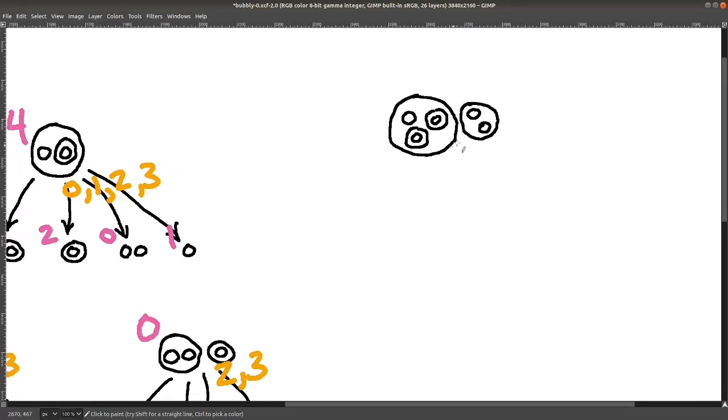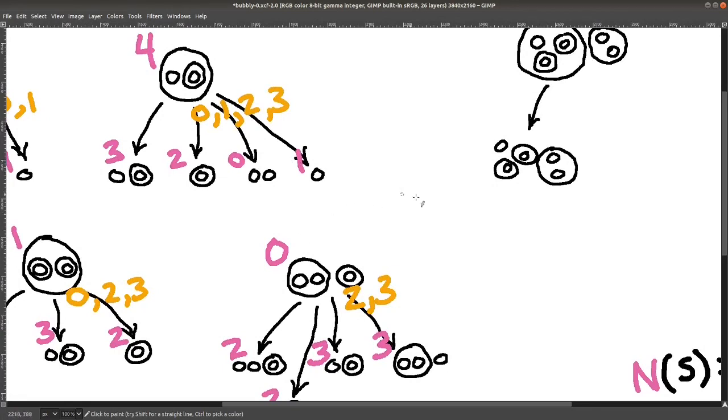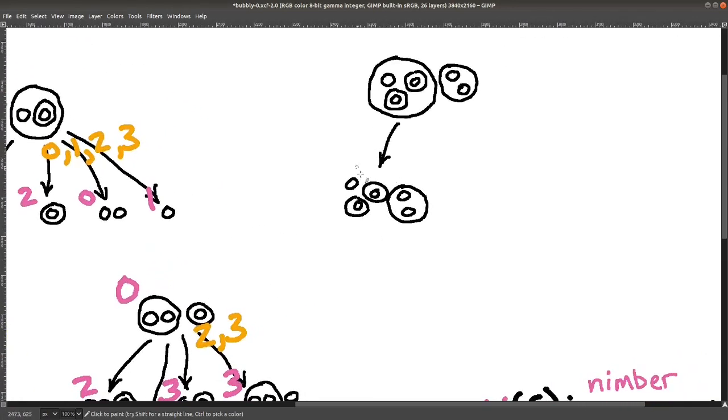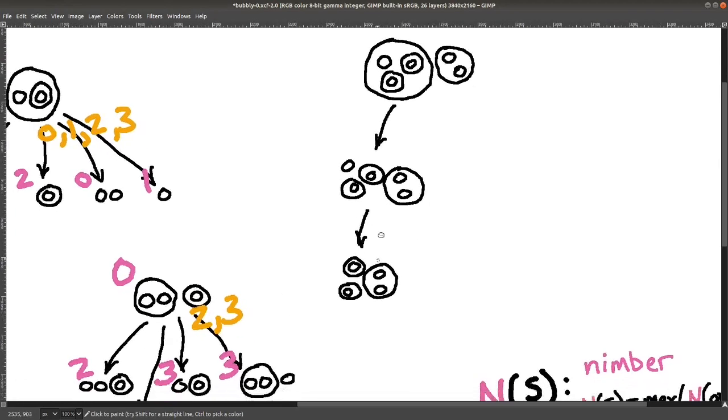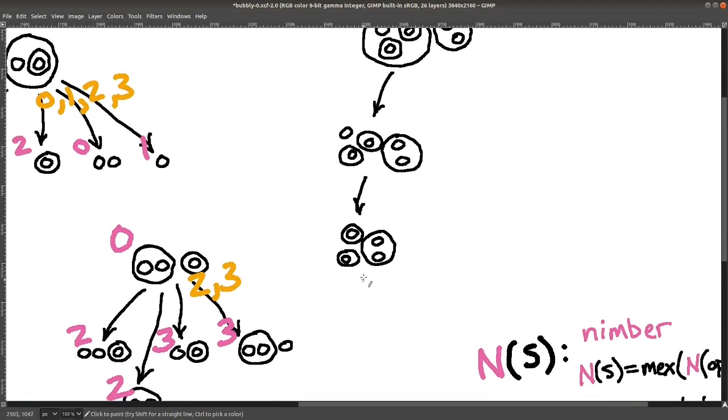Because for instance, one of the states, if you pop the bubble on the left, you're going to have a state that looks like this. And we don't know the Nimber for this state. It's not anything we've analyzed before. So in order to get the Nimber for this, we have to find out everywhere you can get to from here. Like if you pop this first bubble here, you get to another state. And we don't know the Nimber for this state, so in order to get that state's Nimber, we have to keep going.